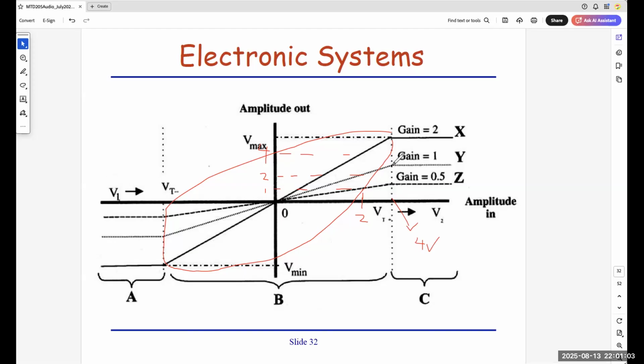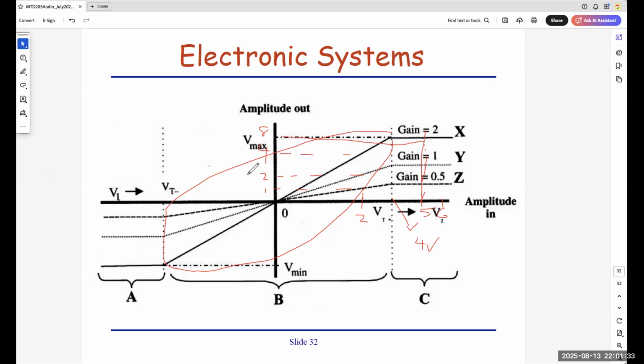Then 4 times 1 is 4, no change. If you want to increase the gain to 2, output will be 8 volt. But if you stretch beyond, maybe you input 5 volt, 6 volt, it will not give you linear. It will not give you 5 times 2, but in fact it always gives you 8 because it's already saturated. This is what is called saturated, because input 5 is over the limit already. Output only gives you 8 because this is the limit.